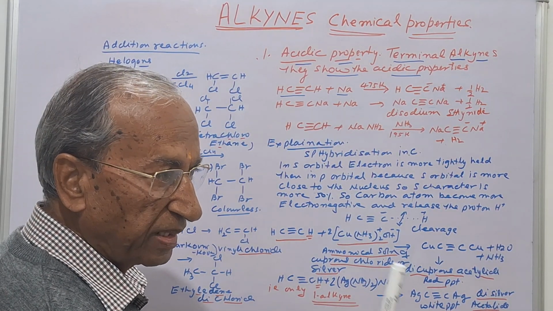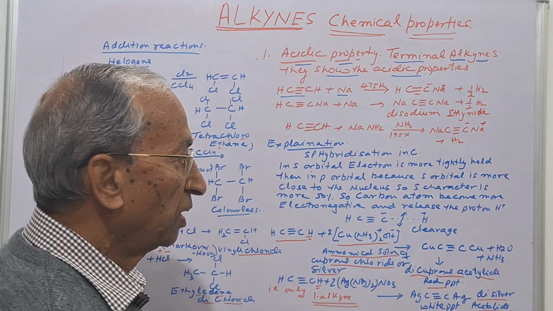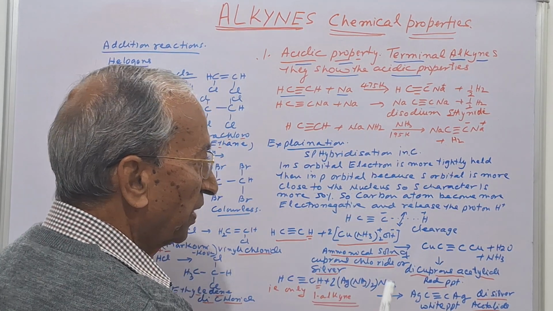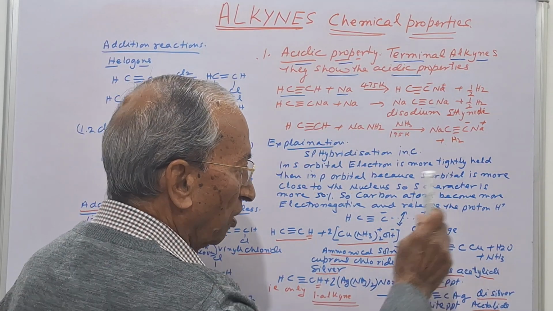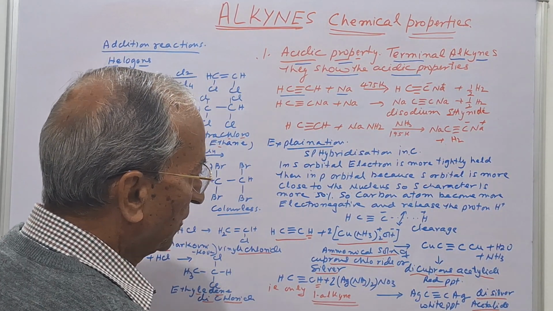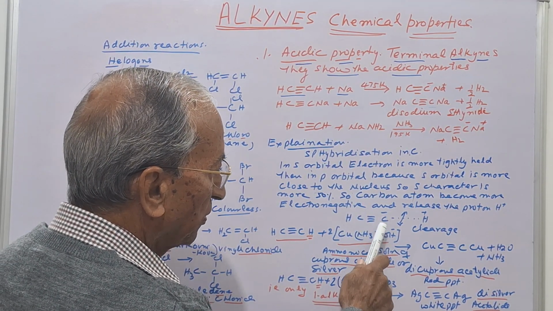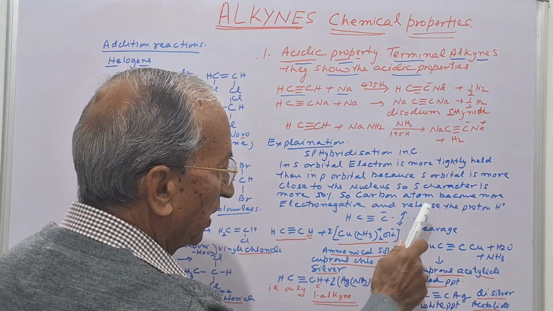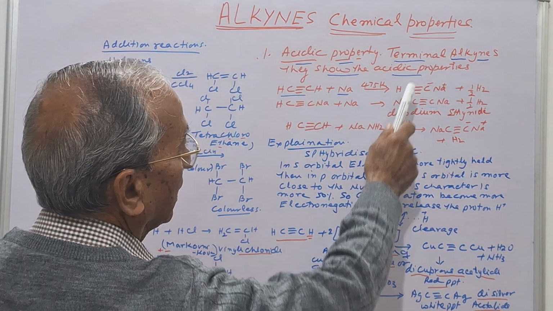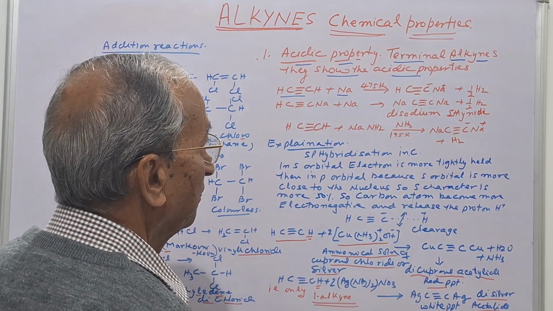So the electrons are shifted towards the carbon atom, making it more electronegative, and then it releases the proton. So cleavage takes place between the carbon and hydrogen. When carbon becomes more electronegative, it releases the hydrogen proton. This is the explanation behind the terminal alkynes showing the acidic property.